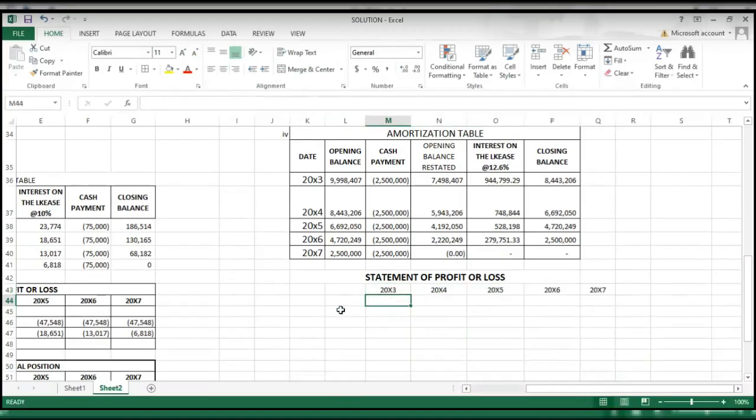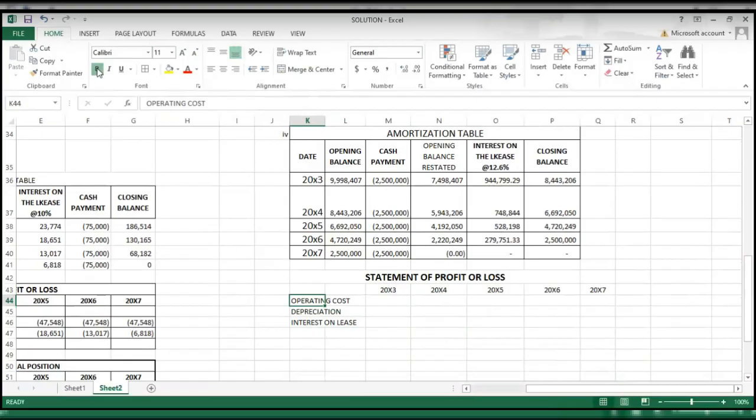So the first thing under operating expenses, operating costs or expense, whatever we call it, we have depreciation, and then we have what we call interest on lease. So depreciation, annual depreciation is constant.